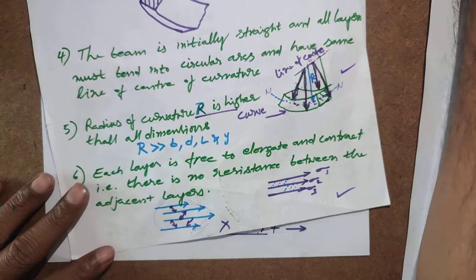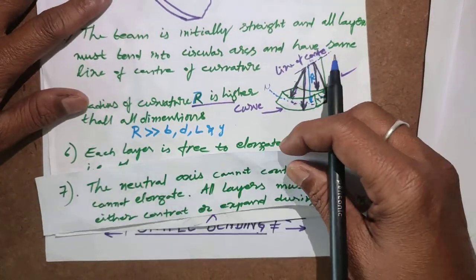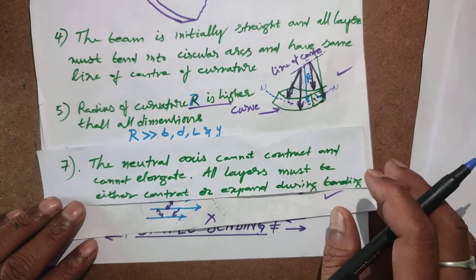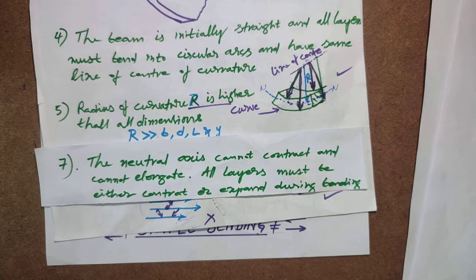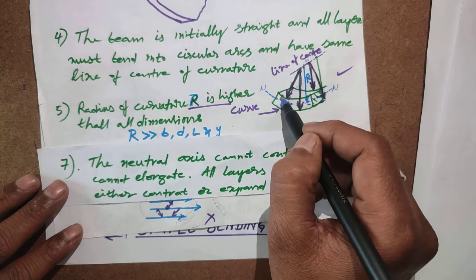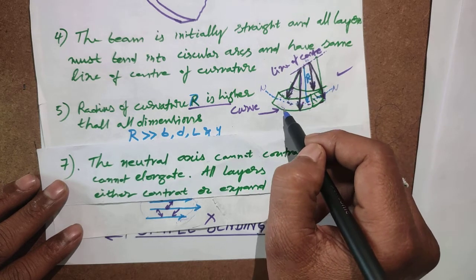Then another important assumption is that the neutral axis cannot contract and cannot elongate. All the other layers must either contract or expand during bending. After bending, the layers may contract here, may expand here.